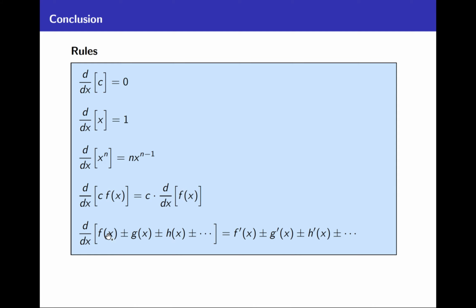And to take the derivative of a sum or difference of 2 or more functions, just take the derivatives of those individual functions and add or subtract them together as they were added or subtracted in the initial problem. So 5 rules, and we're going to add to our list of rules as we go along.